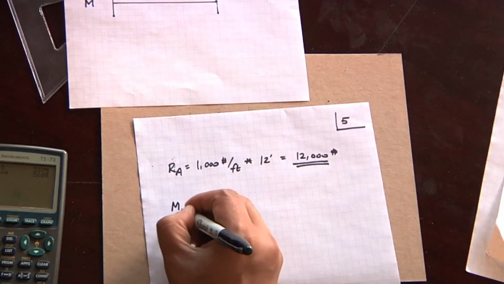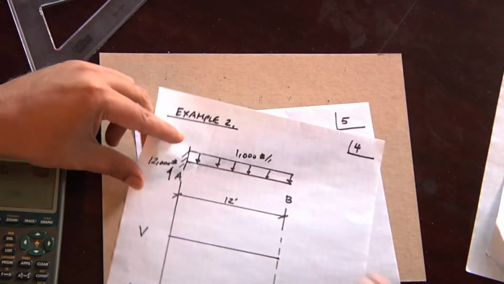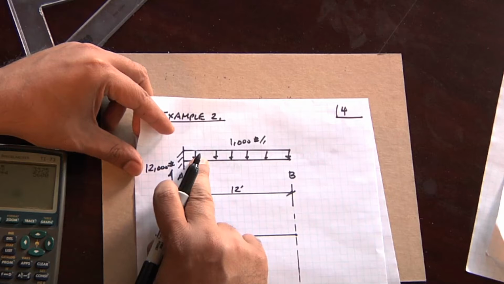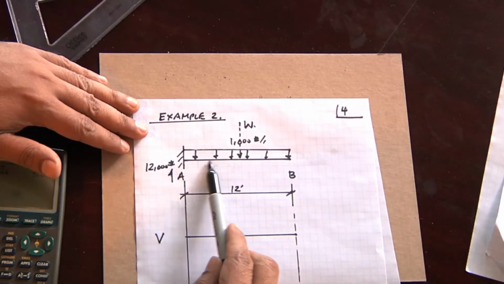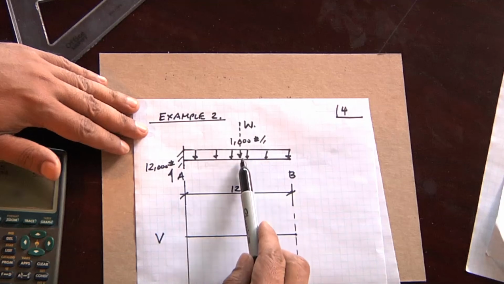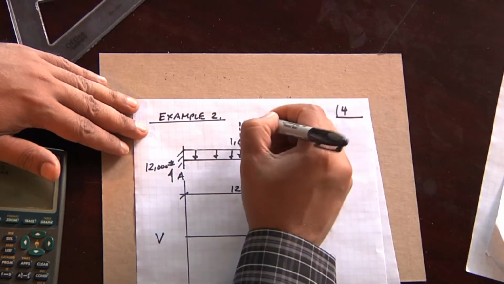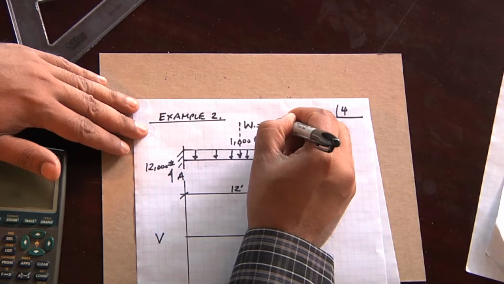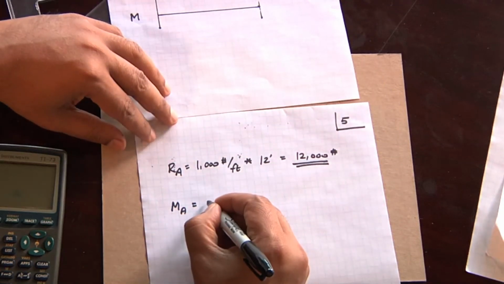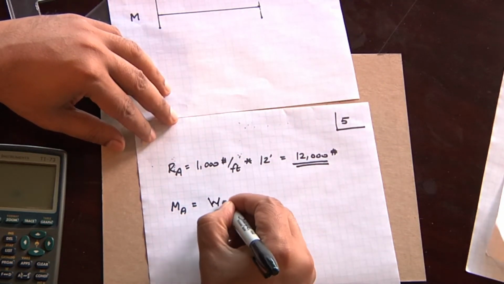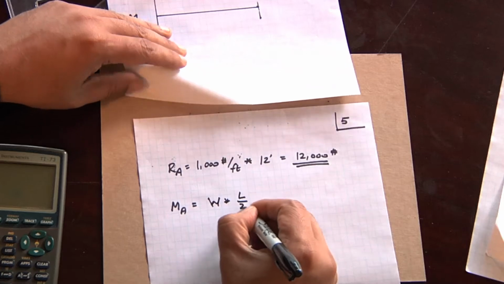The moment at A is going to be the moment of this uniform load, which can be symbolized by a concentrated load. In order to calculate the moment, we can simplify the uniform load by a concentrated load, W, equal to 12,000 pounds. And then the moment about point A is that force W times L over 2.